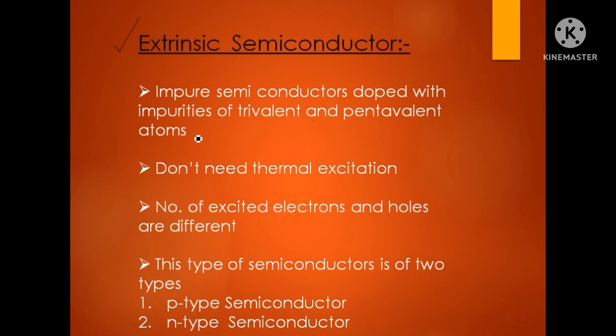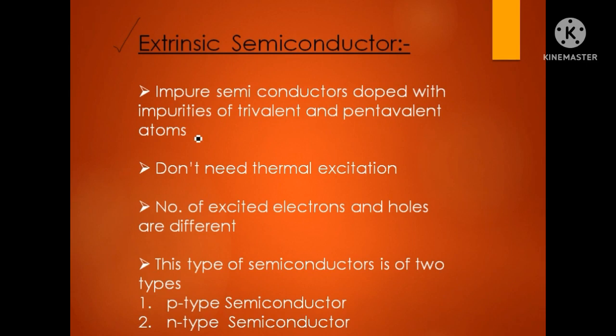The number of excited electrons and holes are different. In an intrinsic semiconductor the electrons and holes are equal, but in this extrinsic semiconductor the number of excited electrons and holes are different. Why?